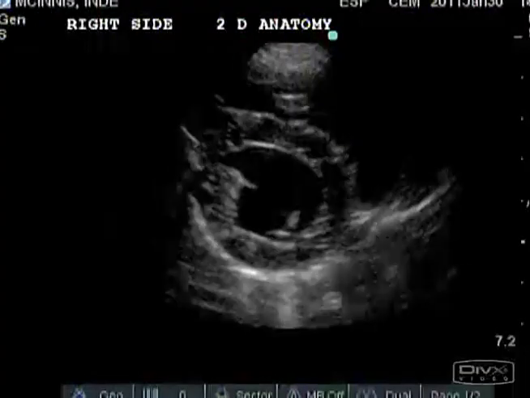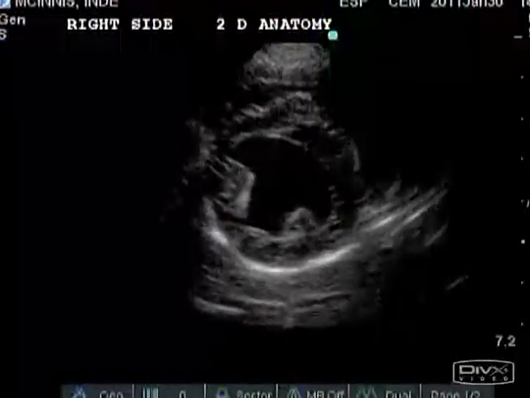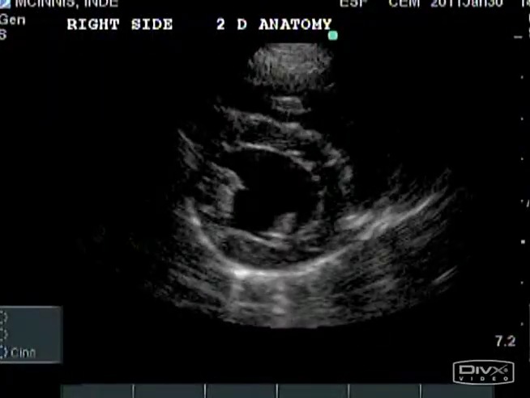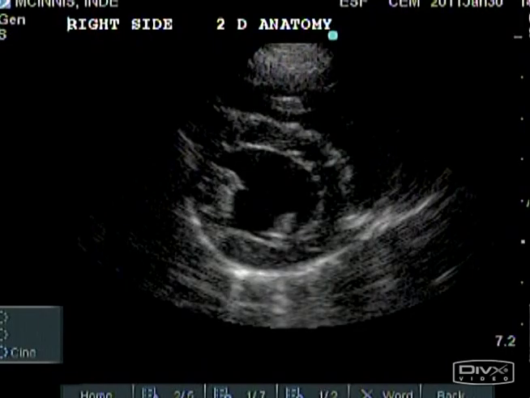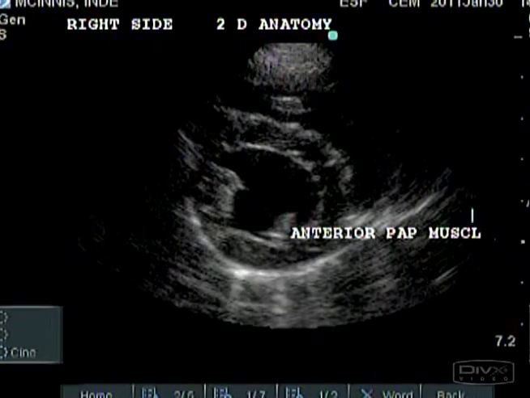In the right side short axis view of the left ventricle, the anterior papillary muscle is to the right side of the screen, and the posterior papillary muscle is to the left side of the screen.